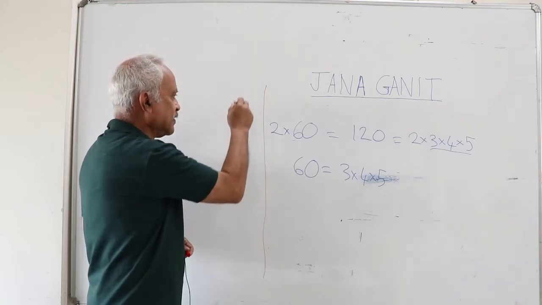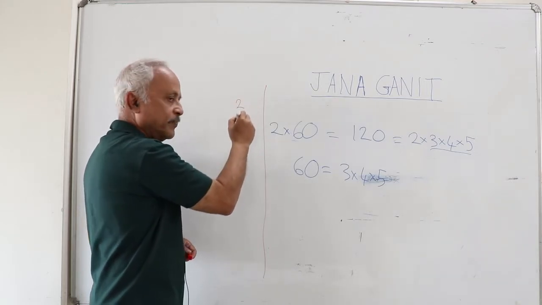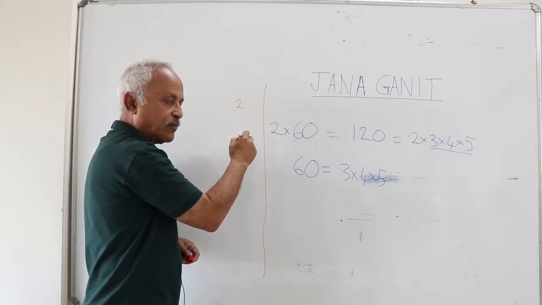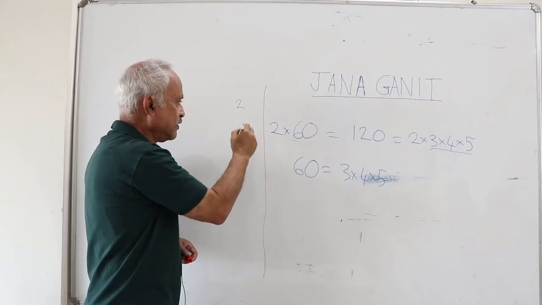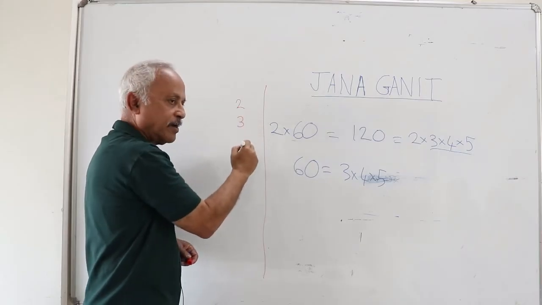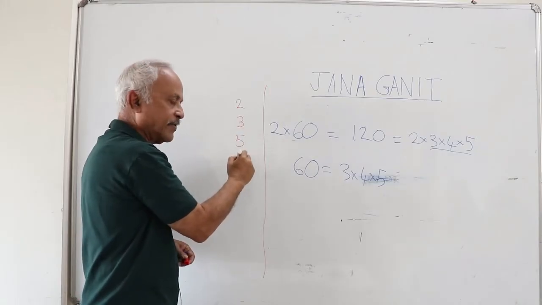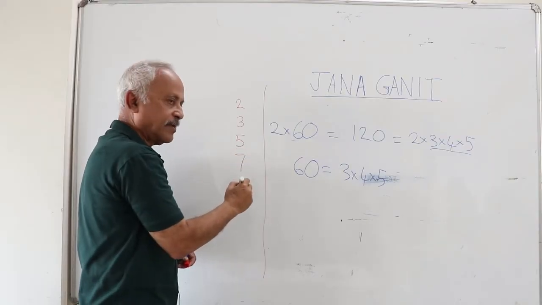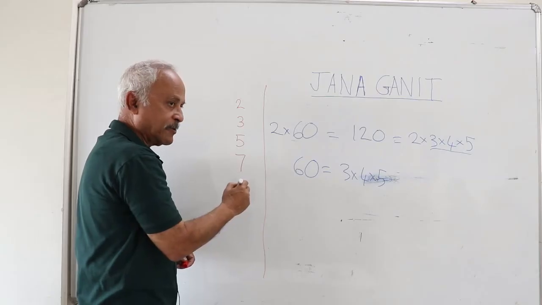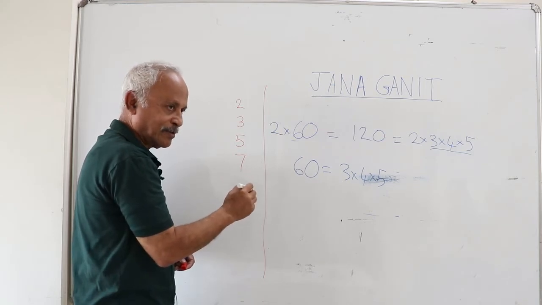The first prime number is the number 2. The next one is the number 3. After that, 5. After that, 7. After that, 9 is not a prime number. 9 is 3 into 3. It's not prime.